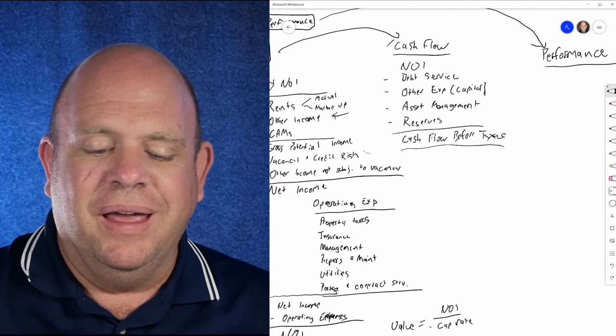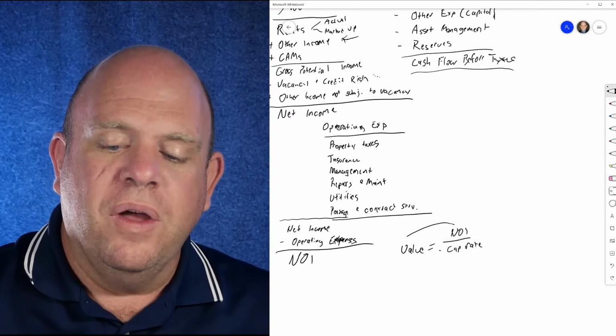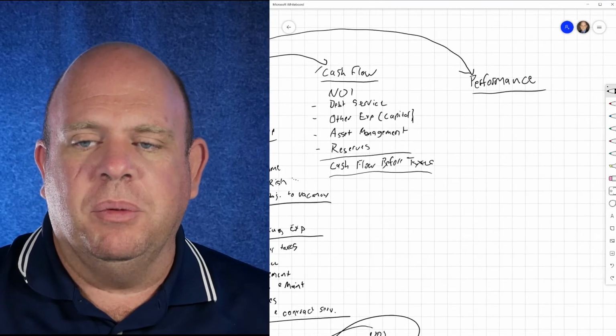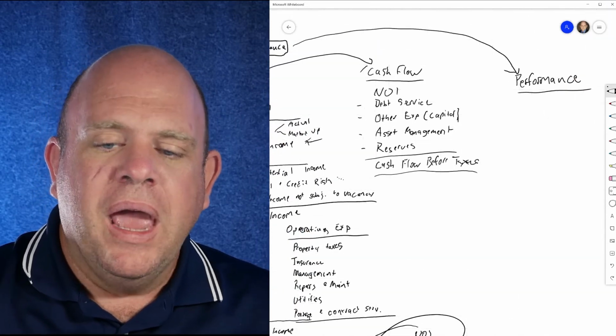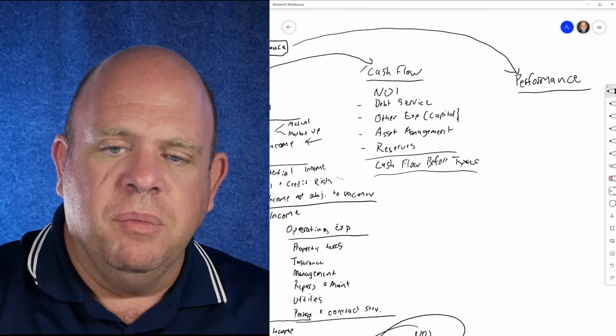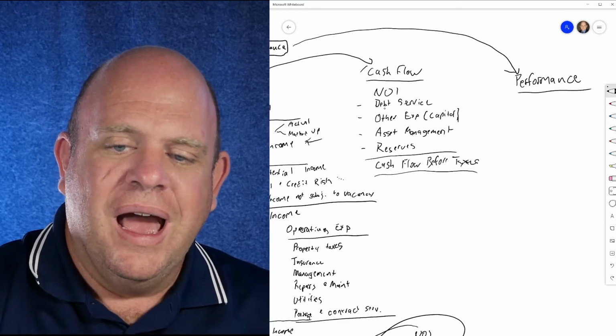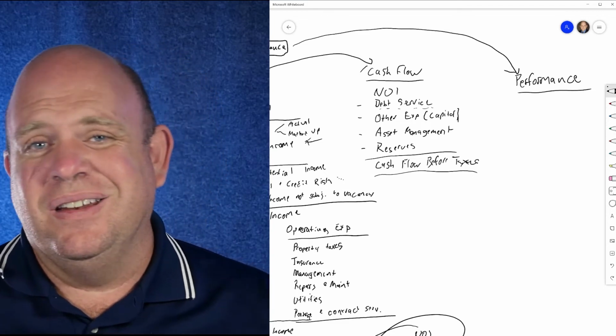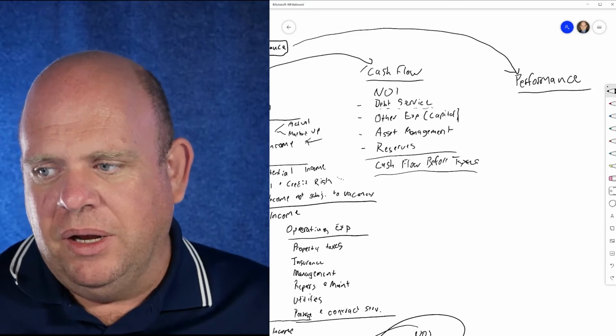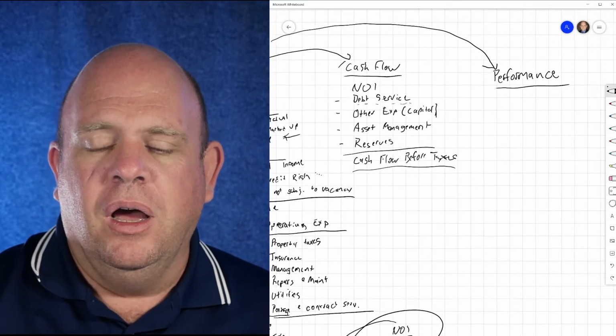I also need to understand what this value piece is and how much I'm going to be buying the property for. And then as part of my cash flow analysis too, I need to understand my debt service because I need to know exactly how much money in equity I'm looking from people.